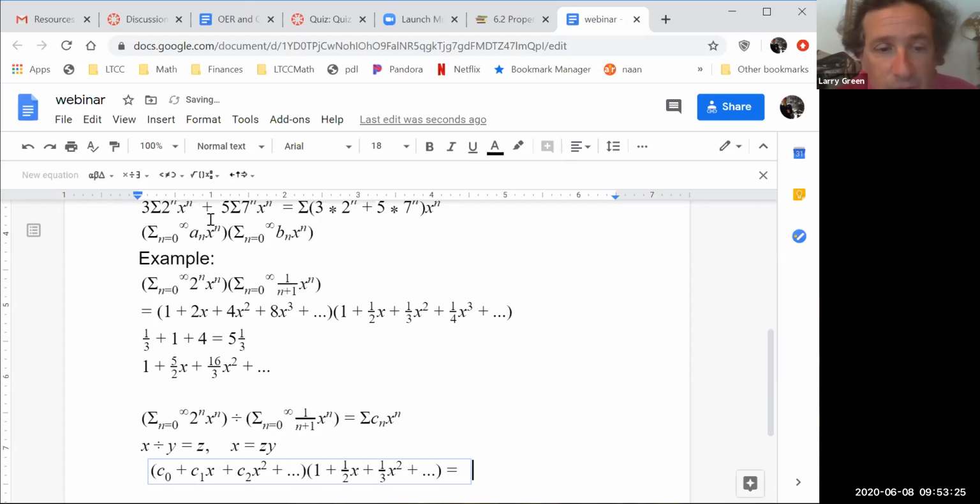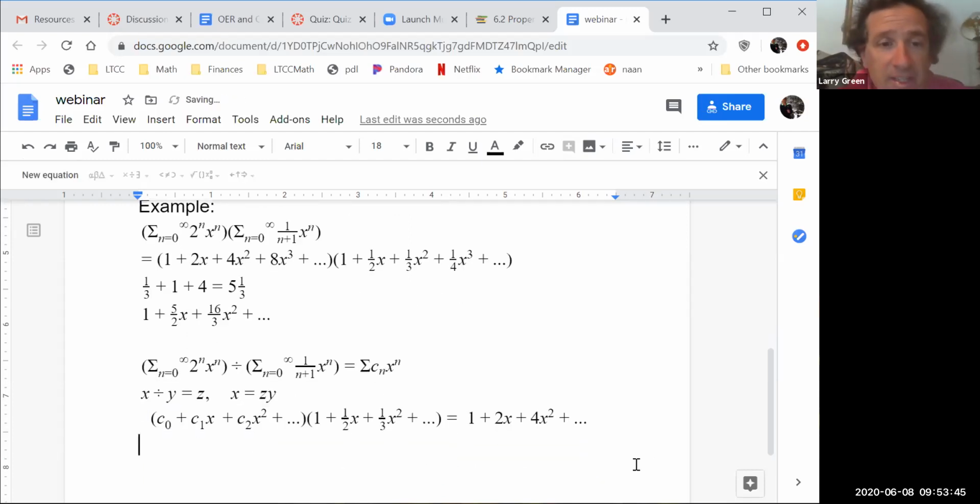And that is equal to 1 plus 2x plus 4x squared plus dot, dot, dot. Any questions on what I just did?